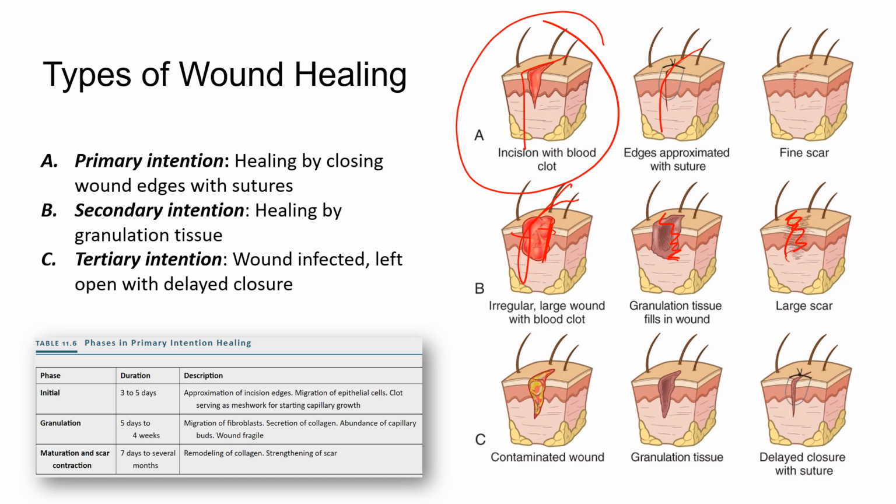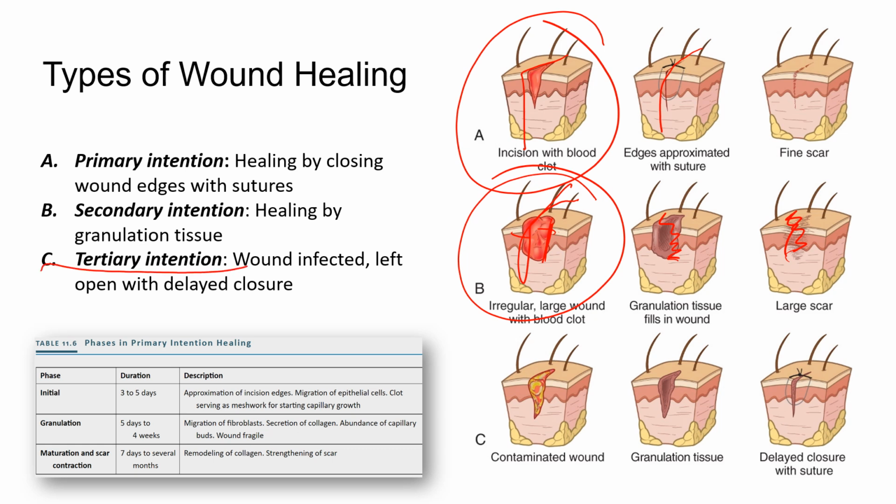With secondary intention, you want to be careful, because when these patients are in the hospital or when they're discharged, they're going to have an open wound like this. So it's really important that you teach them aseptic techniques, wash their hands, dressing changes if applicable, and they need to follow up with their doctor to monitor that secondary intention wound healing.